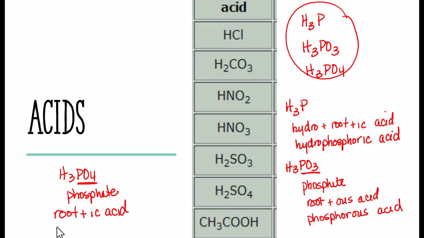So this is phosphoric acid. So this is how you differentiate. Periodic table has a hydro and it's an -ic. If it's an -ite, which means oxygen is present, there is no hydro and it's an -ous. If it's a phosphate, which is oxygen is present, it is no hydro and an -ic.